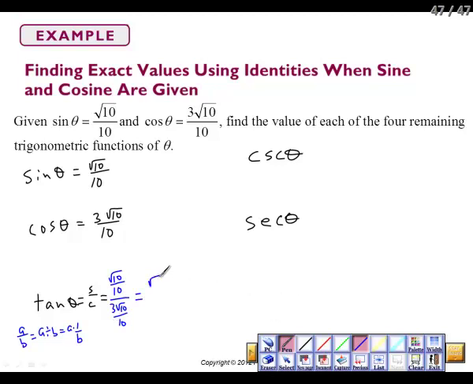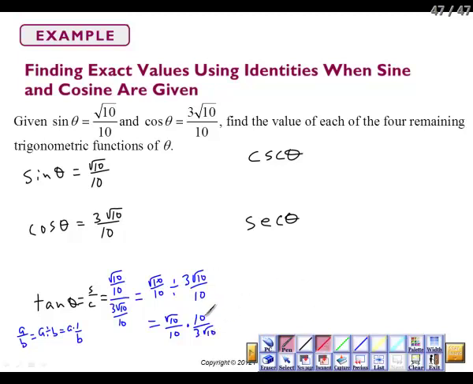This will be square root 10 over 10 divided by 3 square root 10 over 10. So we're going to take the second term and apply the reciprocal and multiply. So this would be square root of 10 over 10 times 10 over 3 square root 10.